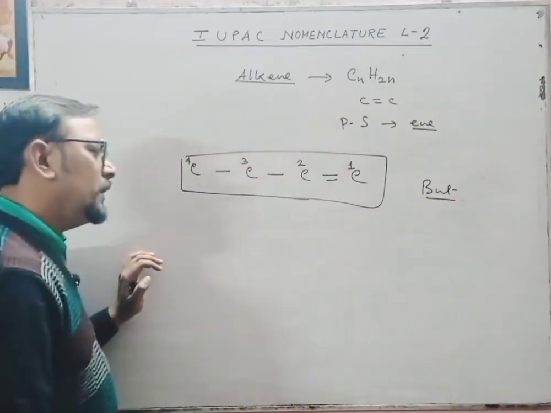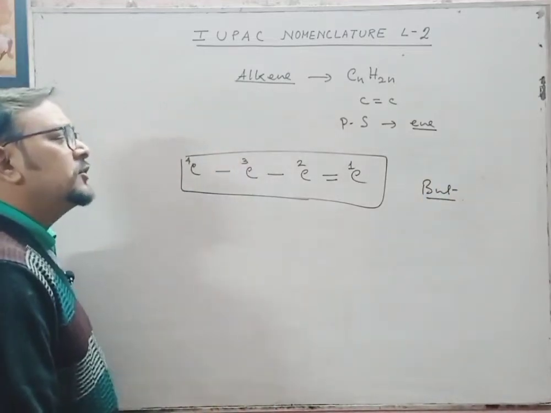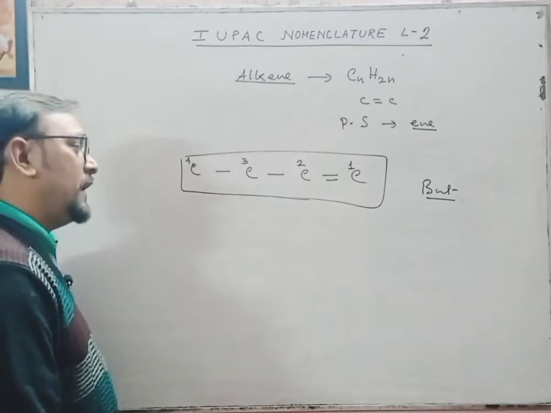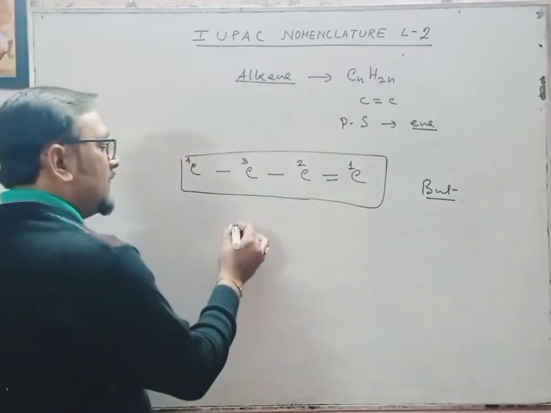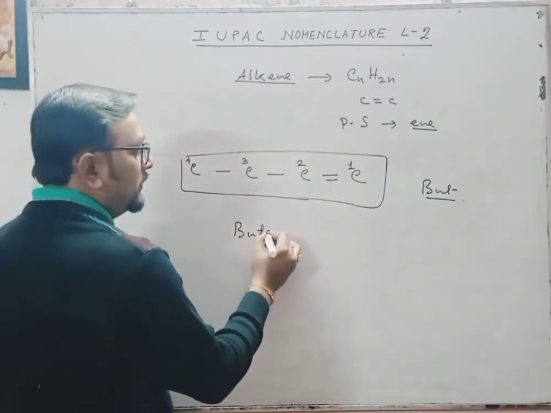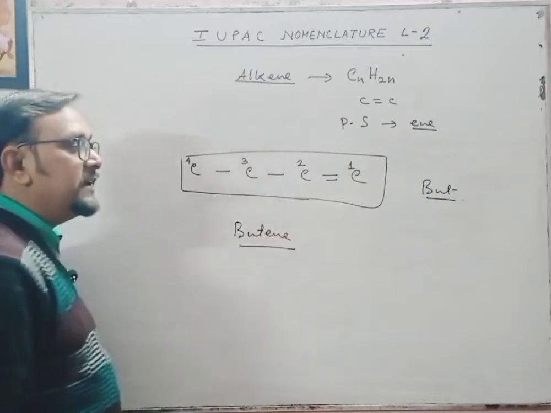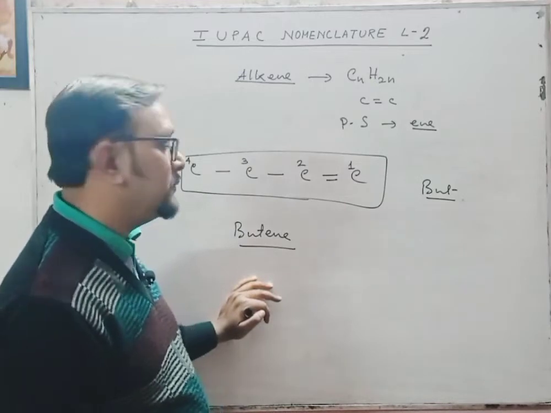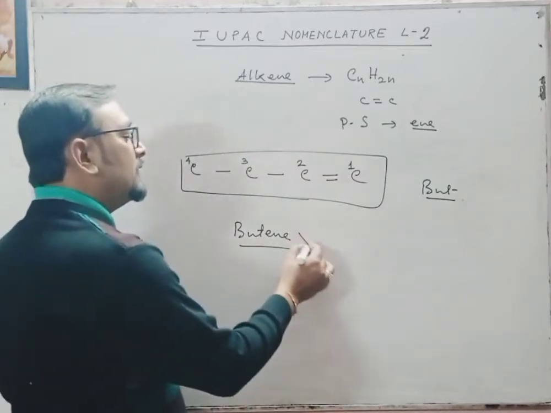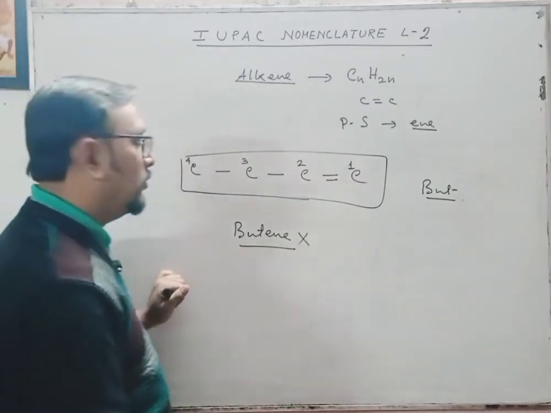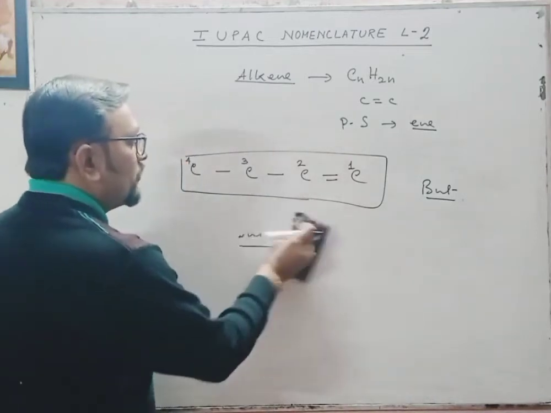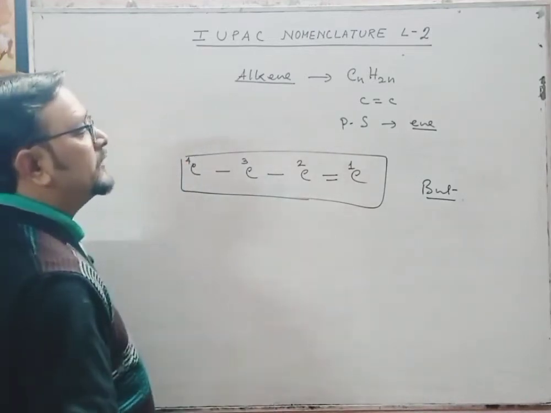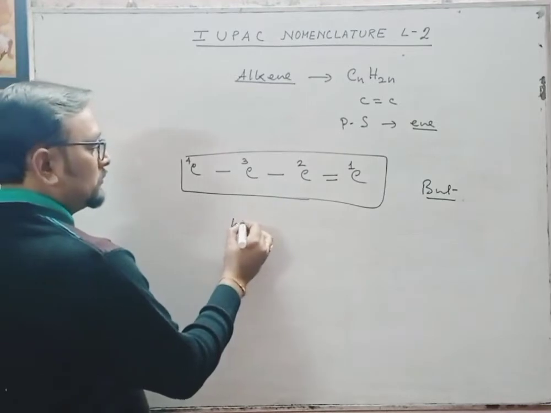Now how shall I write? Shall I write directly but-ene? Many students commonly make this mistake. So never write like this. What is the correct way of writing? The correct way is that first you write the word root.